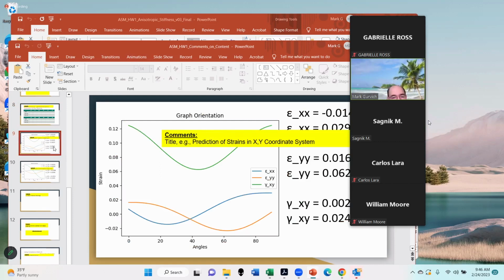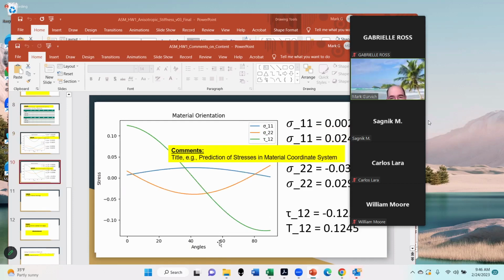Here you have strain as a function of angle, and here stress as a function of angle, but you could also put strain in material coordinates as a function of angle. If you put 2, it will be fine, but good practice would be 3, because you already have this information in your calculations.